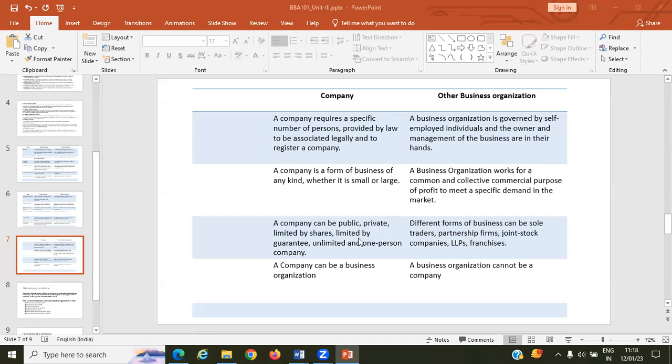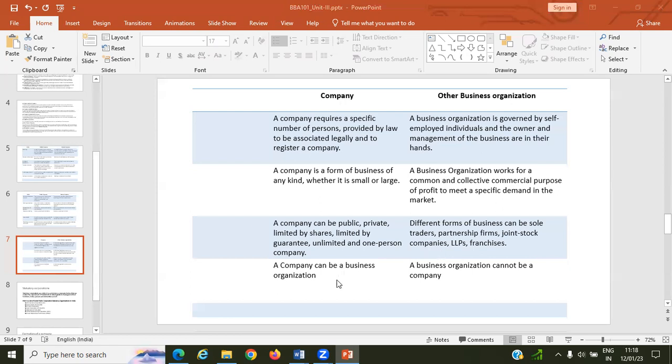A company can be public, private, limited by shares, limited by guarantee, or an unlimited one person company. A company has these categories, but the business organization has no category. There are different forms of business organization. Only one category is your sole proprietorship, sole trader, which means one person is doing something, or a partnership.